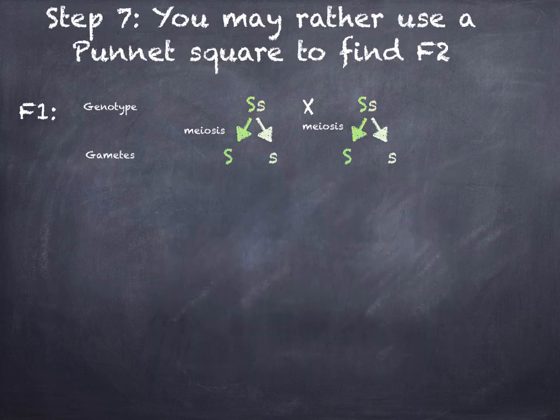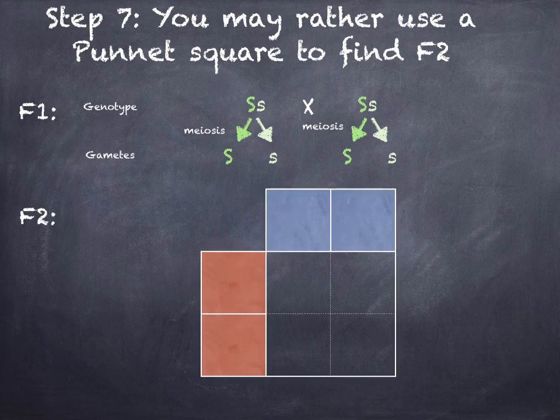You may rather use a Punnett square to find the F2, so it is a second possibility, a choice that you can make. In this example, we will do the same thing. We have the gametes that are produced that are the same as what we indicated previously, with each individual in the F1 generation creating big S or small s alleles. You can put these alleles in a Punnett square.